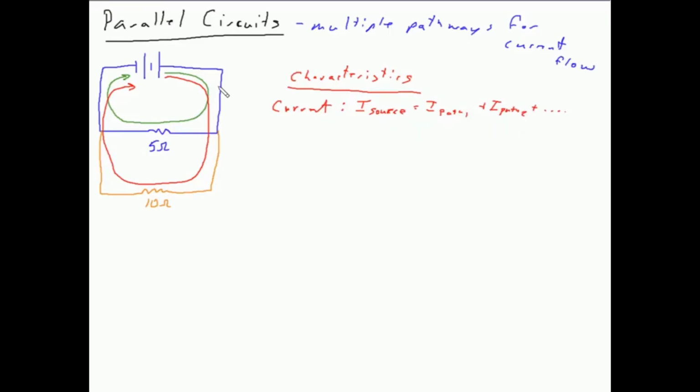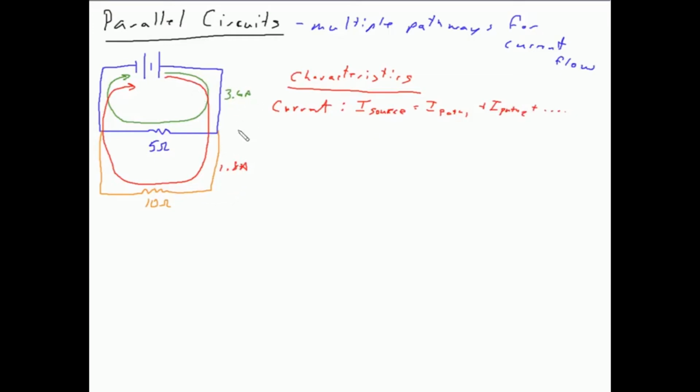So if we look at the information from the lab, we went through and found in this 10 ohm resistor that there was a current of 1.8 amperes flowing through it, and in this 5 ohm resistor we had a current of 3.6 amperes, which, if you remember, was exactly the same as what we had when we had the 5 ohm by itself and when we had the 10 ohm by itself in part 2.